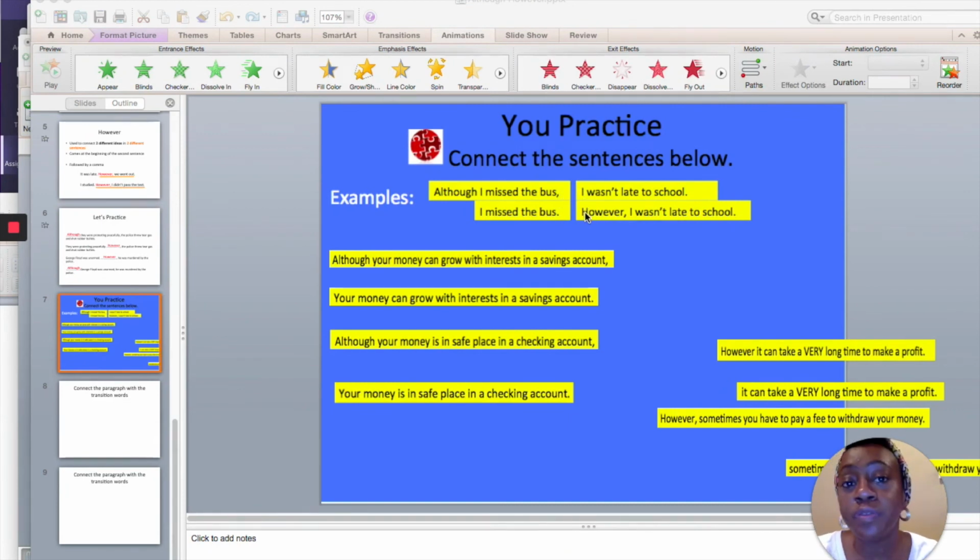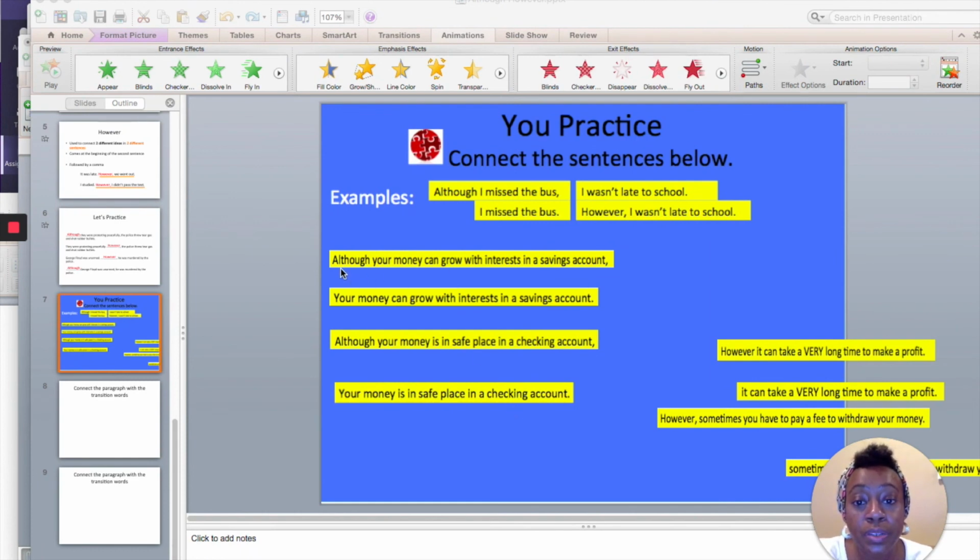This part wouldn't fit because that's a capital letter, however, and we never put however and although in the same sentence. The next sentence says, I missed the bus, however, I wasn't late to school. So your task is to find the part that connects to each of these clauses or sentences.